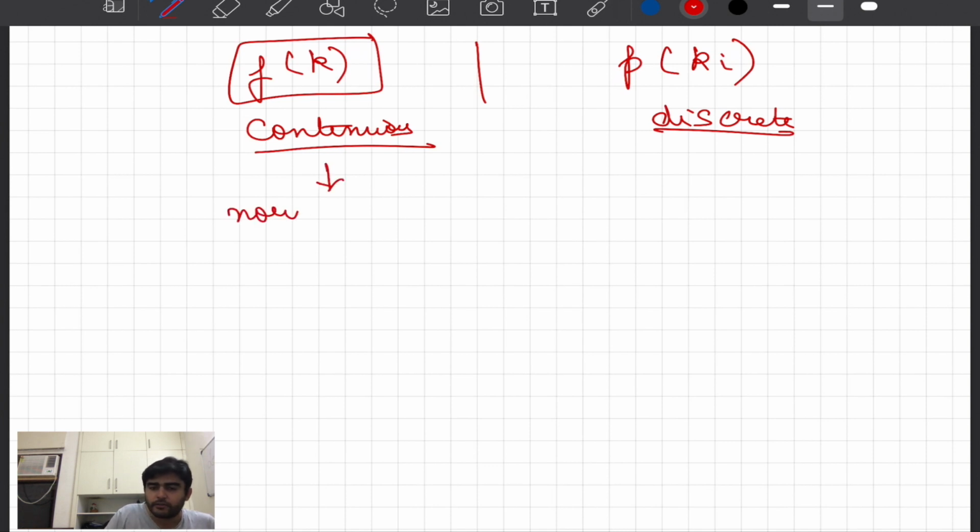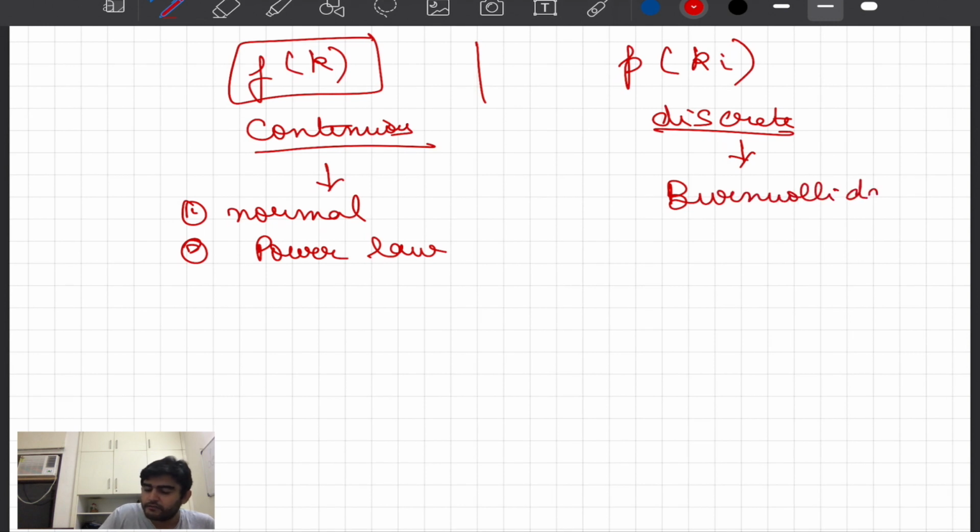So there are some well-known distributions. For example, normal distribution is an example of continuous distribution. We will learn something called power law when we go to chapter 4 or module 4 in our discussions. Similarly, we already saw an example of discrete distribution, which was the Bernoulli distribution, used to model Bernoulli trials where only two outcomes are possible.